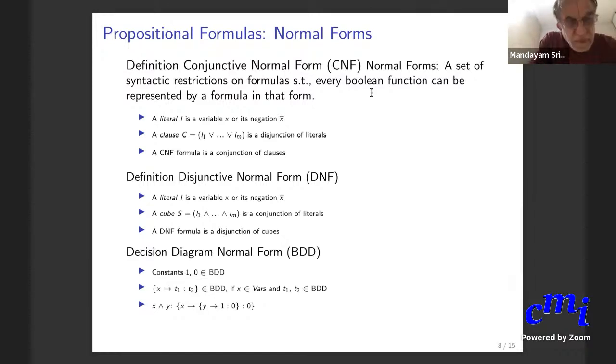These are three popular normal forms defined and used for Boolean formulas, propositional formulas. The first one is the conjunctive normal form. Let me define a literal L as a variable X or its negation.